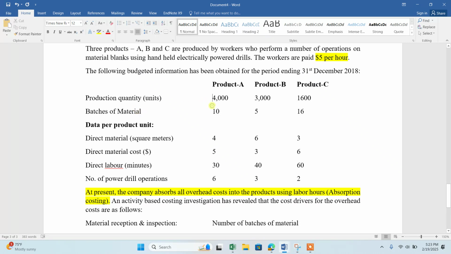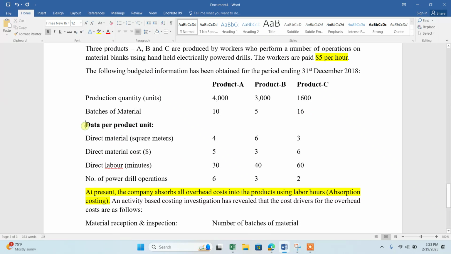The batches of material required to produce 4,000 units of product A is 10, to produce 3,000 units of B the number of batches required is 5, while for product C, 16 batches of material are required to produce the 1,600 units.